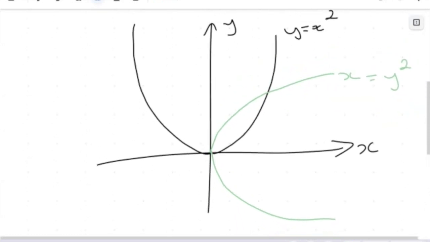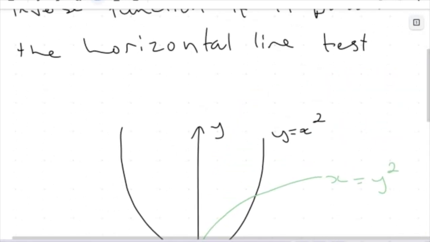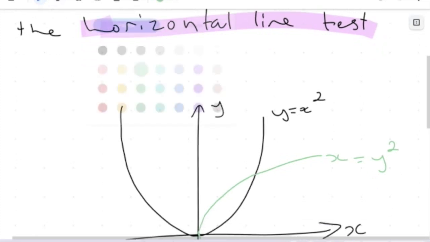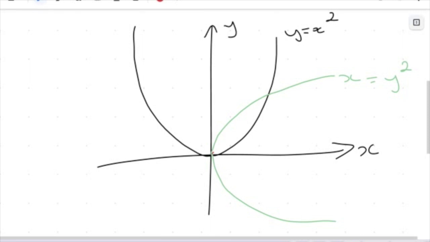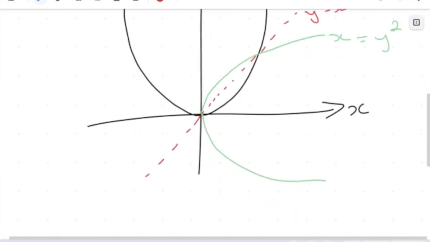Now let's actually just look at what the significance is of the horizontal line test we talked about before. First of all, this looks like what we talked about as an inverse because it's reflected along the line y equals x. We can kind of see that. But if we look at this second green graph I've drawn, it's actually not a function. Why is it not a function?